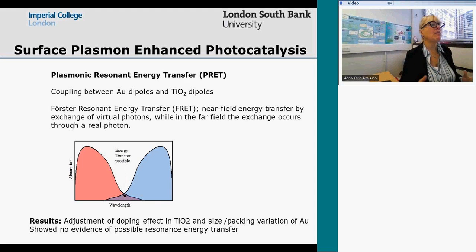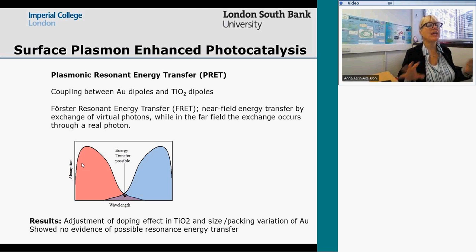And we looked into maybe it's an energy transfer, maybe something of the near field being formed in close proximity to the interface. So we started looking into different mechanisms, for example FRET, which is Förster resonant energy transfer. This is a mechanism very commonly found in organic solar cells, for example.